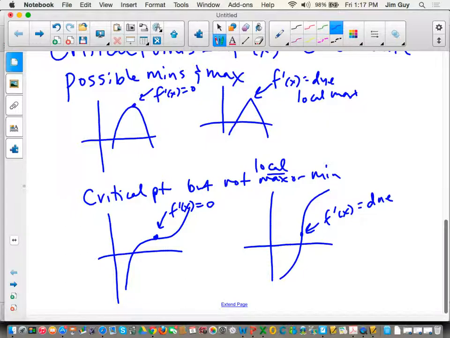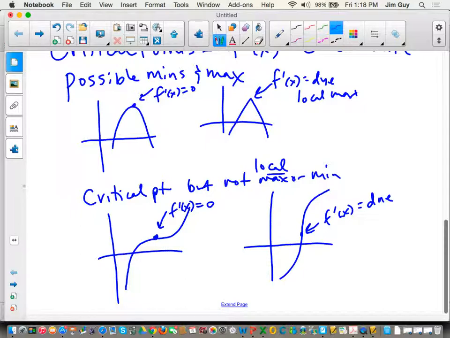Make sense? I think that would go sideways. X equals the cube root of y, I should say. I think that's what it was. Or the inverse of that. You get the idea of what I'm talking about. So, okay, critical points. Got it? Sometimes mins and maxes, not always.